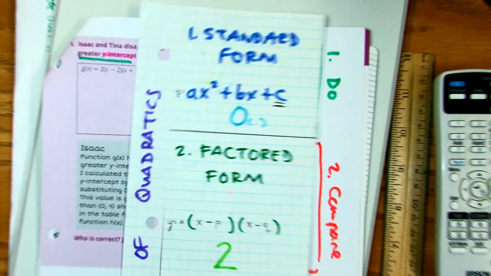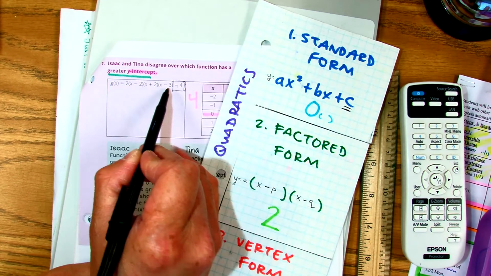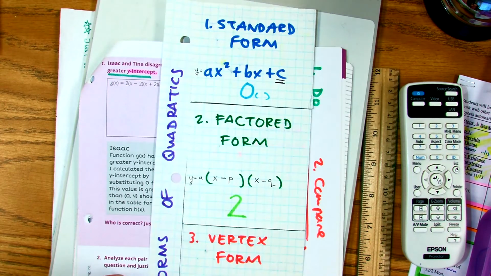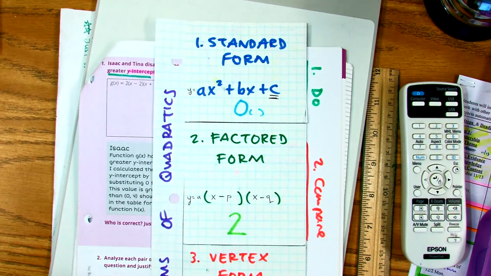Here's the graphic organizer I was talking about. Class, look at g of x. Think about which form it kind of looks like and what form we need. Talk to your partner in 15 seconds.